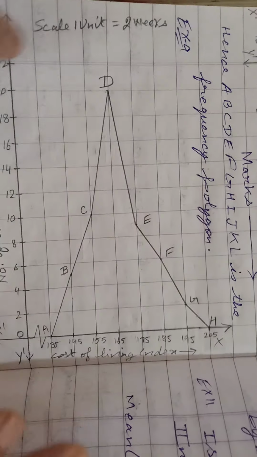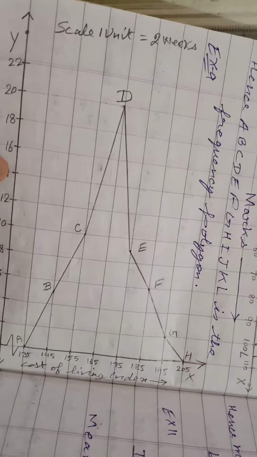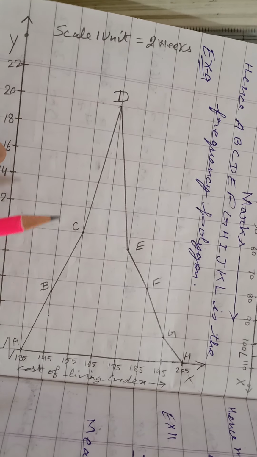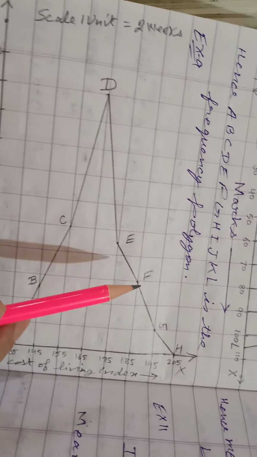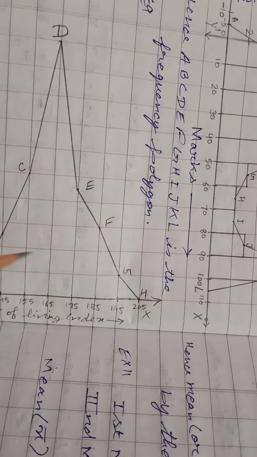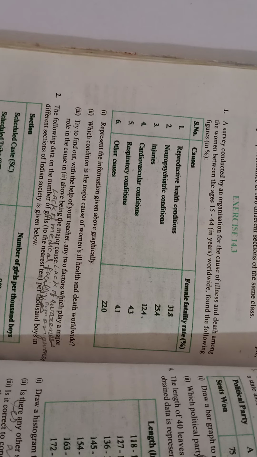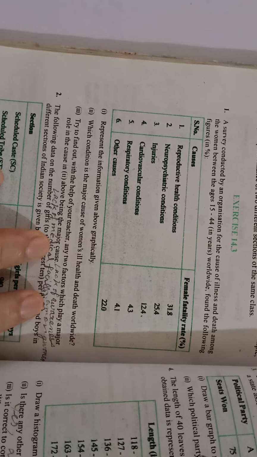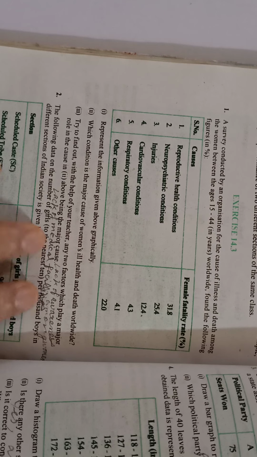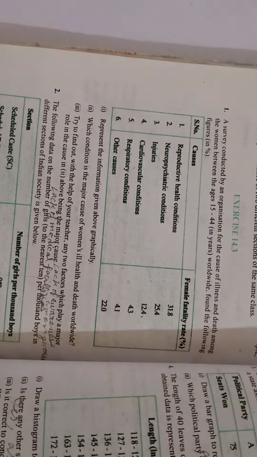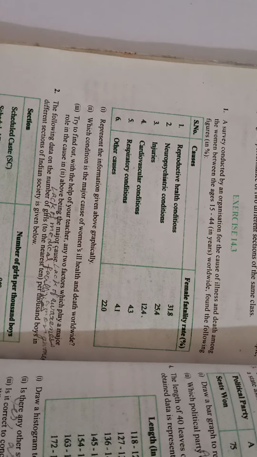Hence, the required polygon is A, B, C, D, E, F, G, H. This is your required frequency polygon. Now try exercise 14.3 and do examples 8 and 9 in your fair notebook. Thank you.